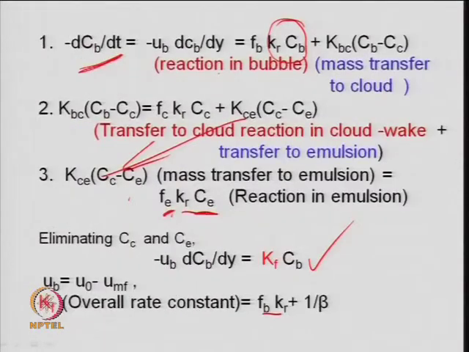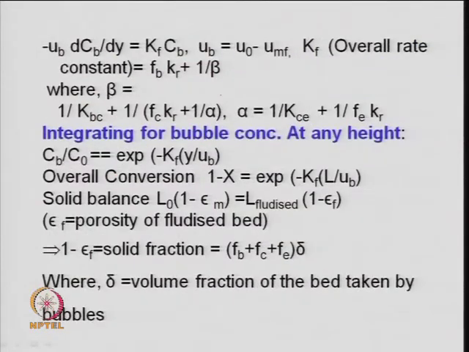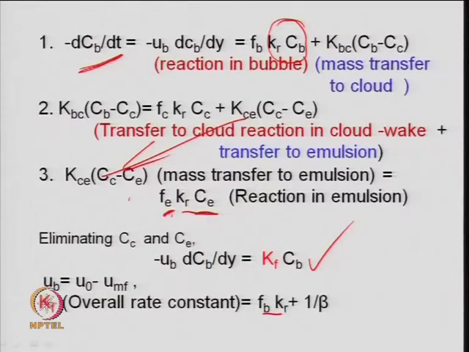Fb times Kr you have already seen here, and these are the rest of the terms mentioned here. Beta is defined by 1 by KBC plus 1 by Fc Kr plus 1 by alpha. Again, alpha is 1 by KCE plus 1 by Fe Kr. So do the exercise here: how did you get it? You can do it because it is not difficult; you just have to add all these terms and eliminate the intermediates.